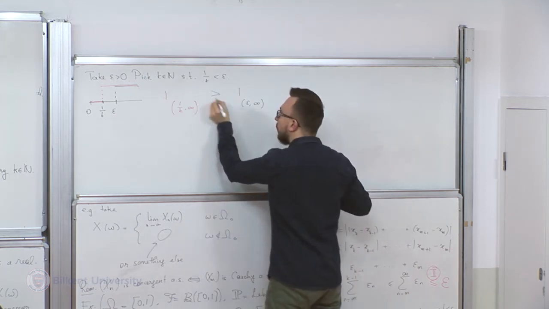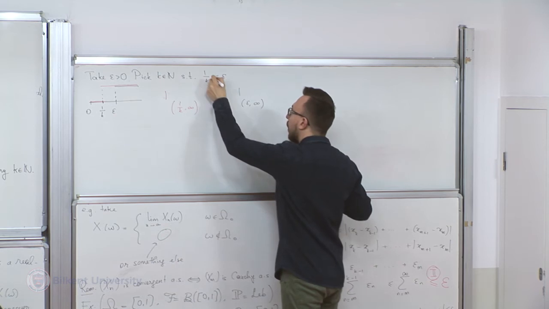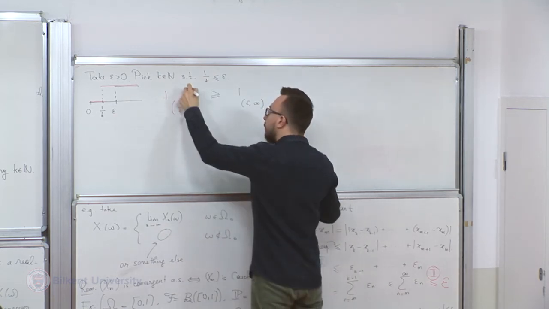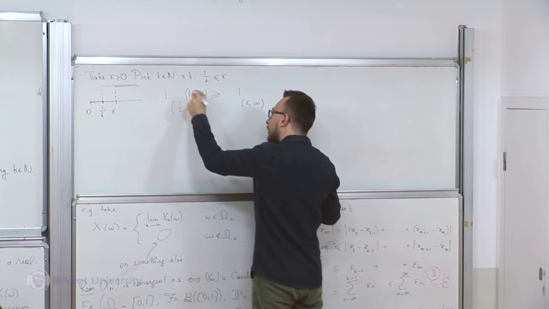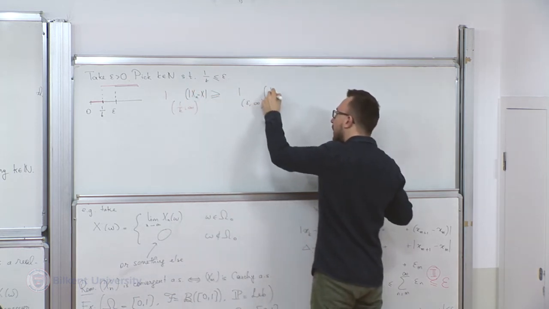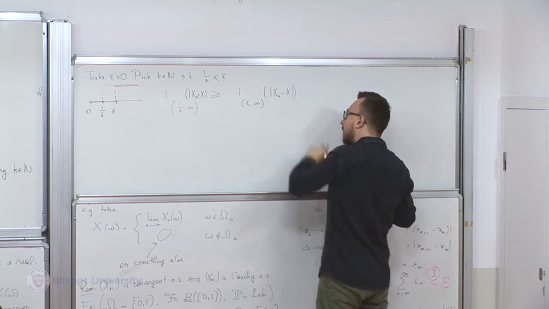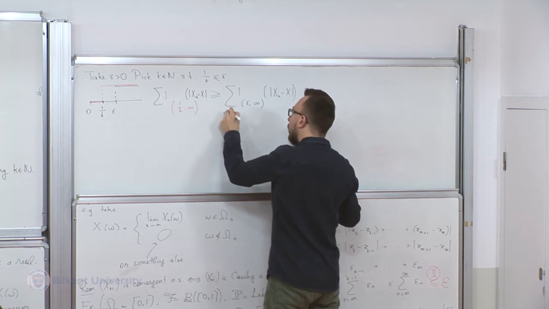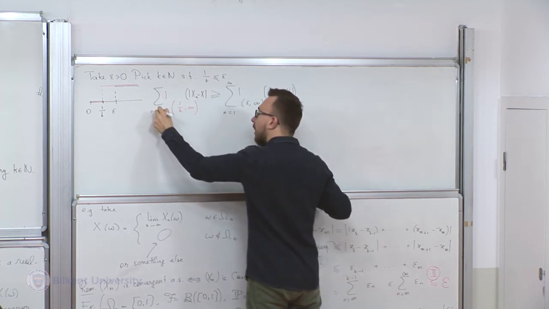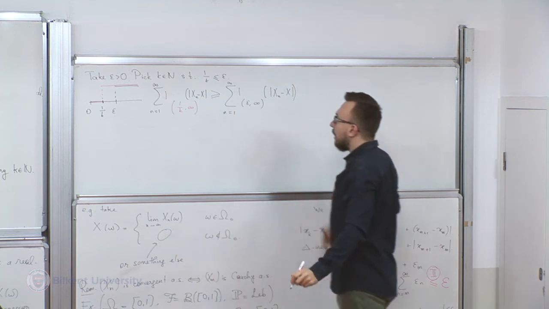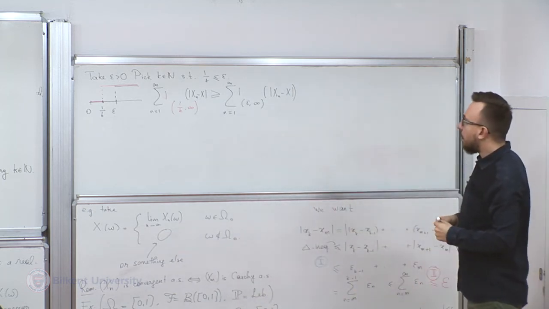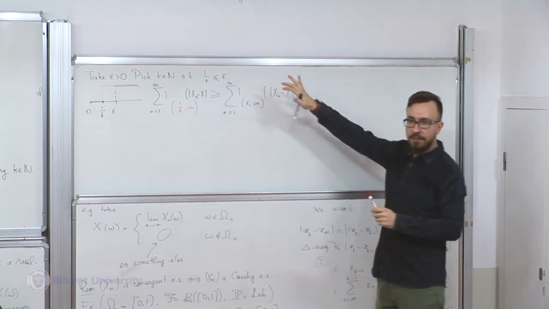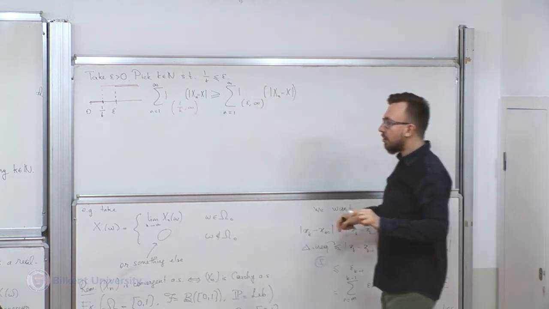So this one is greater. If you take xn minus x and apply this function to xn minus x, you also have this. And if you take the infinite sum over n's, you also have the same inequality. In other words, if you have this less than infinity, this must also be less than infinity, right?